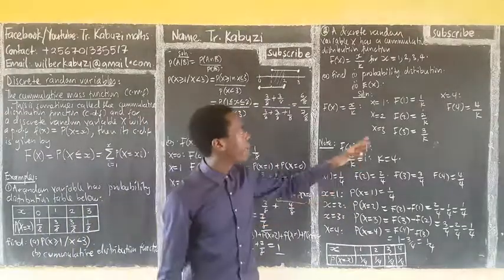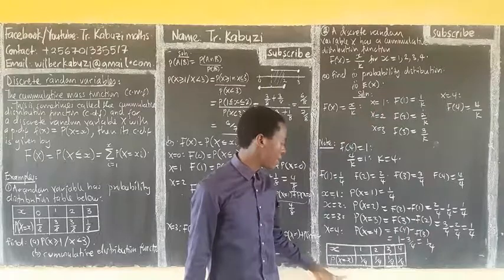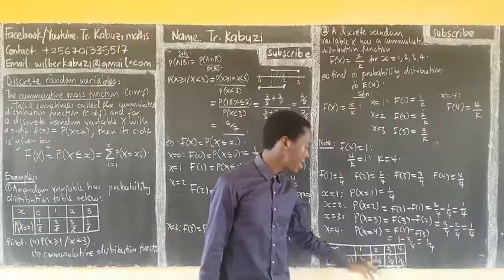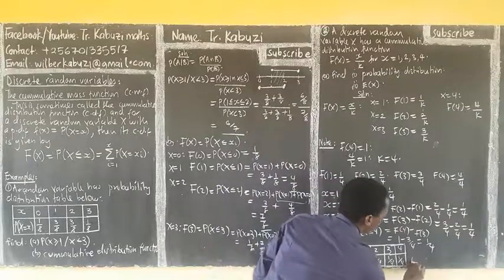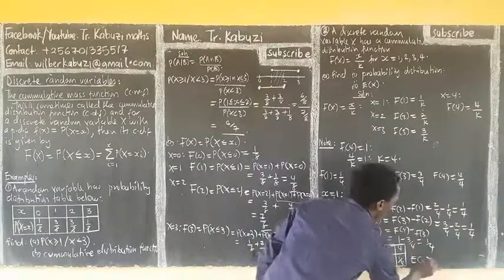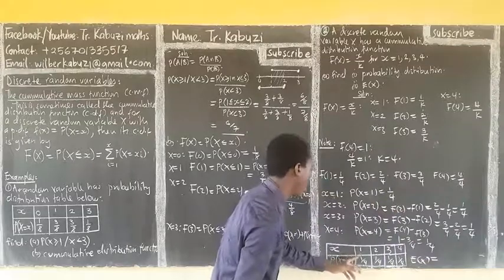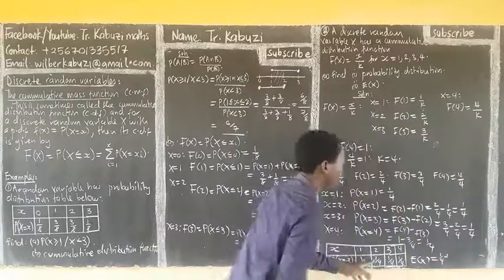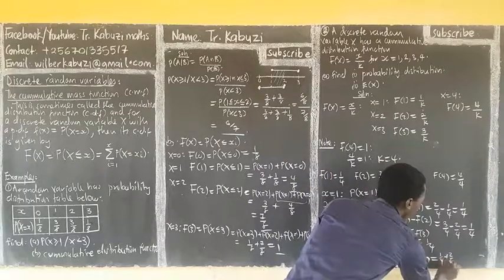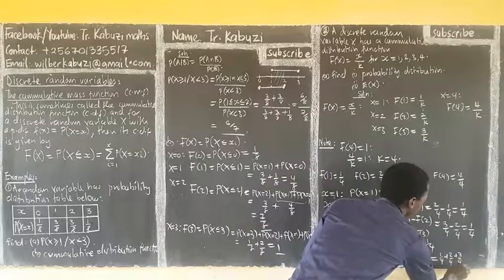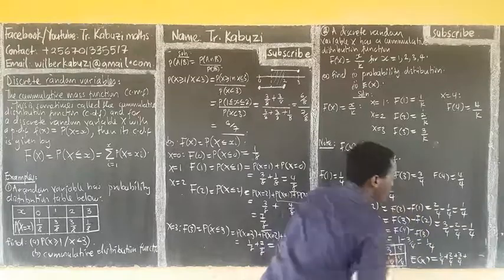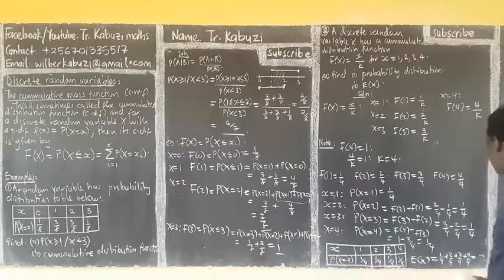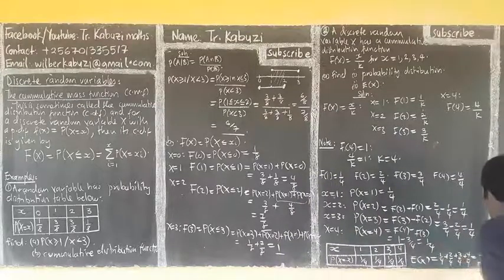I think now, members, you can easily get the mean. You get the mean by summing this times this, plus this times this. So our expectation: 1 times a quarter, plus 2 times 2 over 4, wait, 2 times its probability gives 2 over 4, then plus 3 over 4, then plus 4 over 4, which gives 10 over 4.